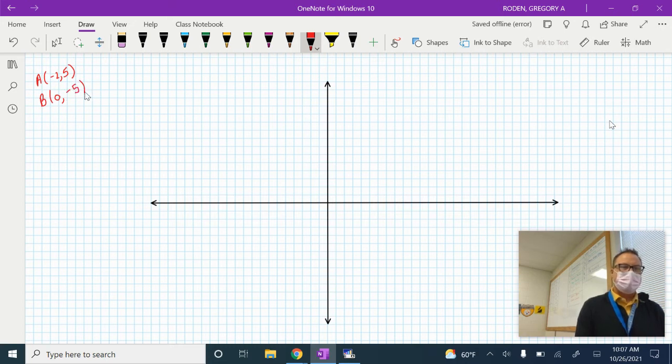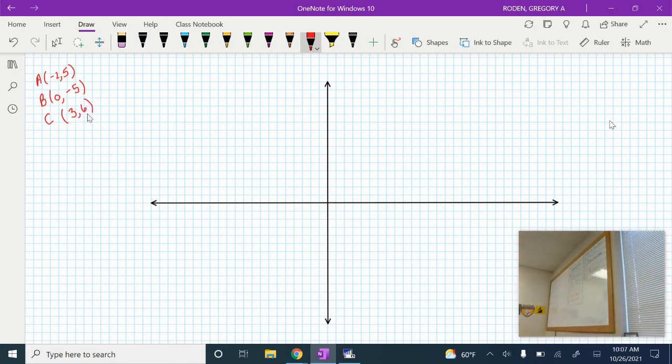And then part C, I want you to graph the point 3, 6. Okay, so go ahead and graph those three points, and then construct a triangle. Use a straight edge, definitely use a straight edge to construct your triangle. So go ahead and do that right now, and I'll do the same.